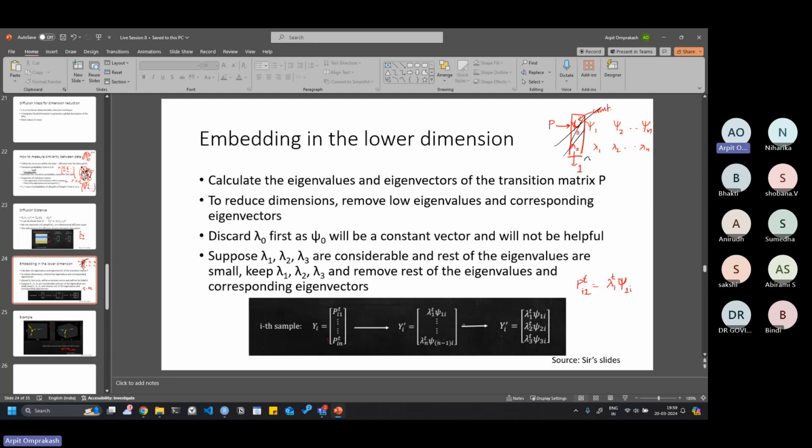Then, to reduce dimensions even further, we arrange all the eigenvalues in descending order and take only the few of them which are considerable enough, and we discard the rest. So for example, if we get three eigenvalues that are considerable enough for us, then we reduce it to 3 dimensions.